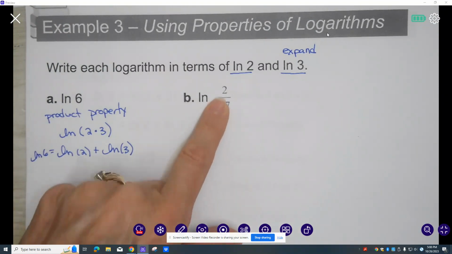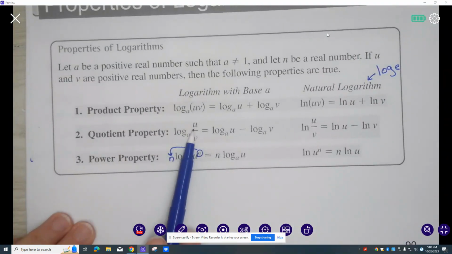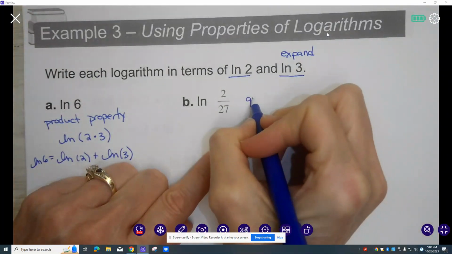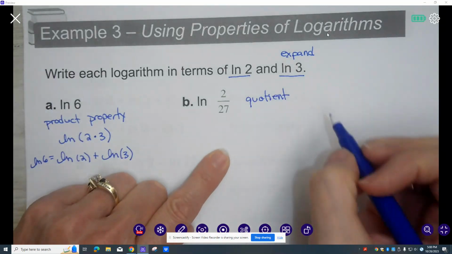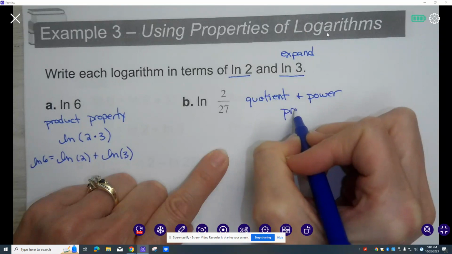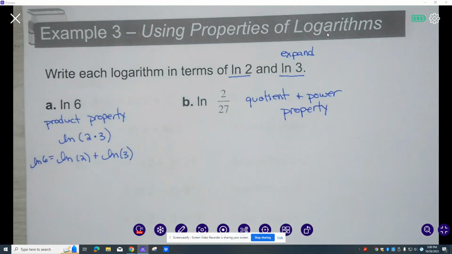All right, this one, I have division. So I'm thinking I'm going to use the quotient property, where division becomes subtraction. And I'm going to tell you right now, we're also going to use the power property. You might not see it yet, but we will in a minute.